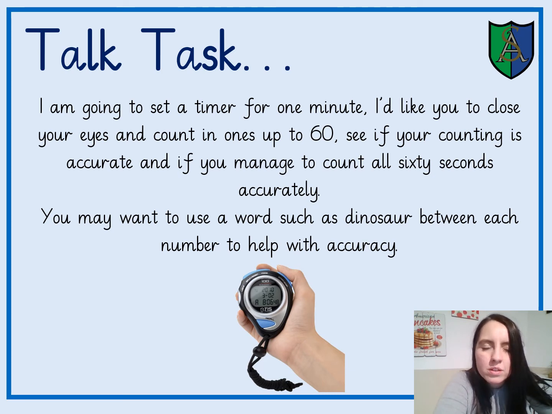So 1, 2, 3, 4, 5, 6, 7, 8, 9, 10. Just like that, okay? You're going to keep going until you get all the way up to 60, okay? So I'd like you to see if your counting is accurate, because in 1 minute there are 60 seconds.